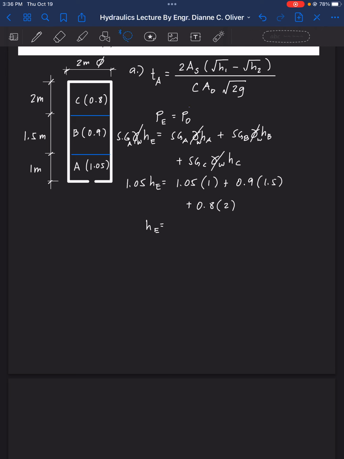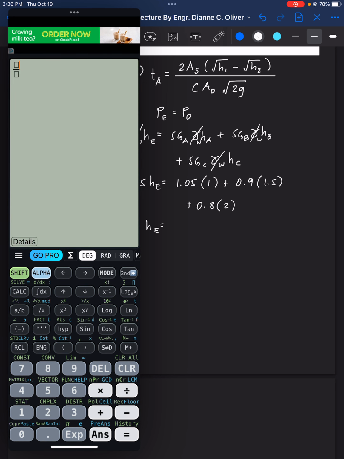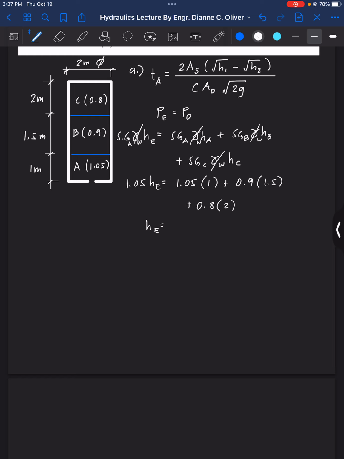So we have (1.05 plus 1.5 times 0.9 plus 0.8 times 2) divided by 1.05. That is 3.81 meters equivalent height of A.